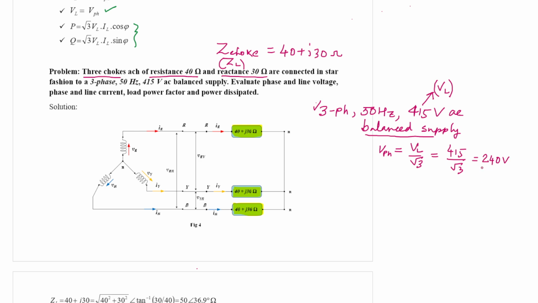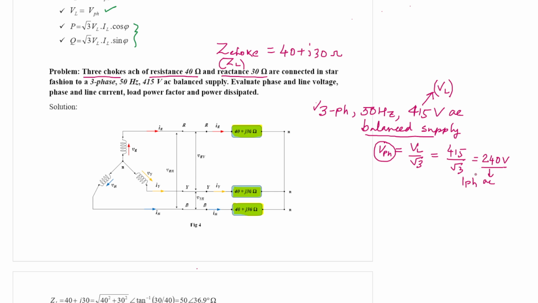Now at our household premises we get this 240 volt AC supply. So actually in our household premises what we get as 240 volt AC supply, that is a single phase AC supply, right? So this 240 volt is actually phase voltage which is obtained from the line voltage, right?